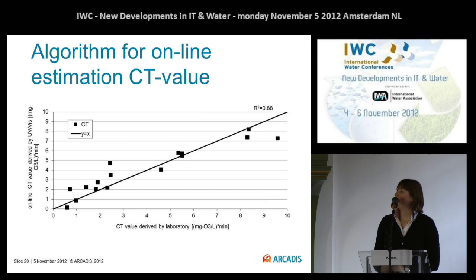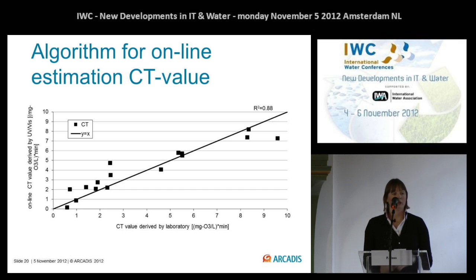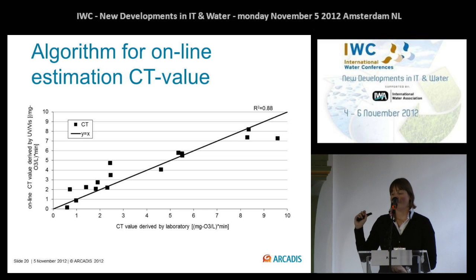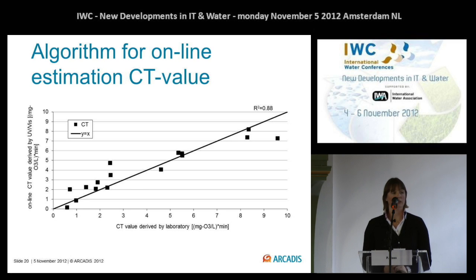Then we did the same for the CT values, with a total of almost 20 samples used to determine this algorithm. And we can see that we can very accurately predict. In this algorithm, we only needed to use 1 wavelength, which shows the statistical significance of the change in UV absorbance.